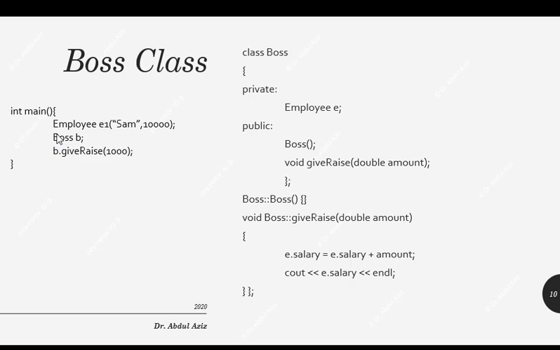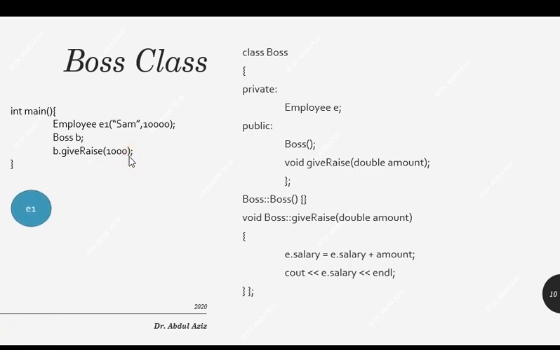In the main, we are going to create Employee E1, his name is Sam, and the salary is 10,000 rupees. For example, we have created another object of Boss, and we call boss.giveRaise(1000).